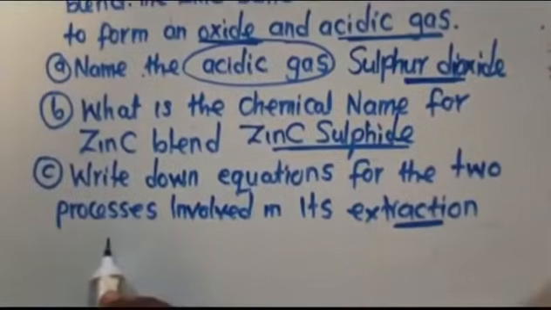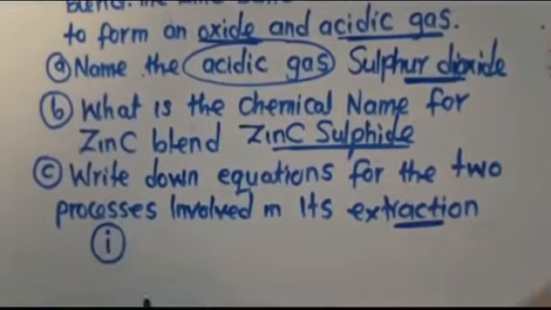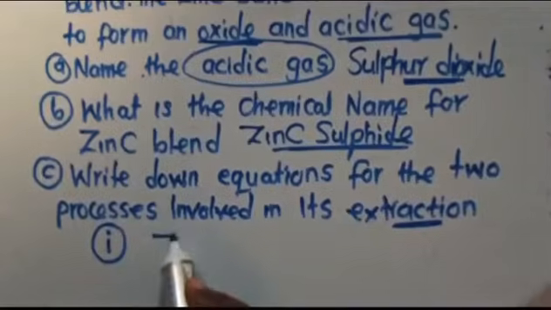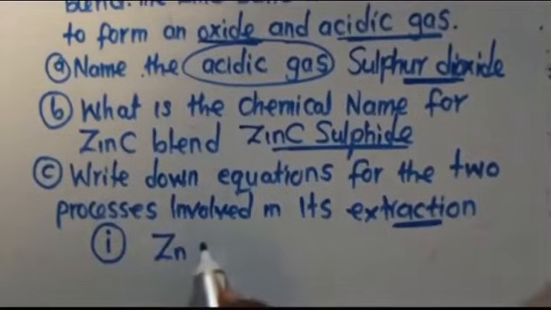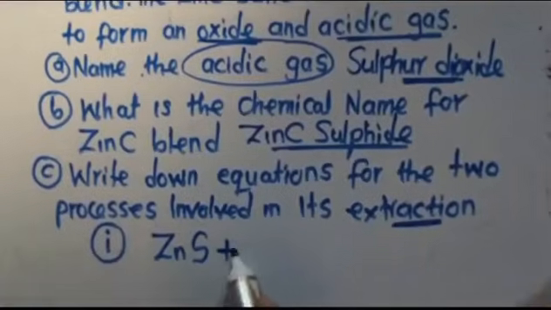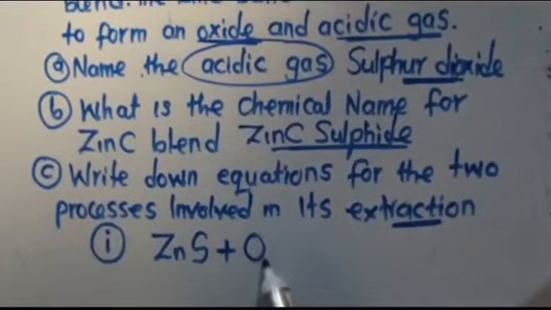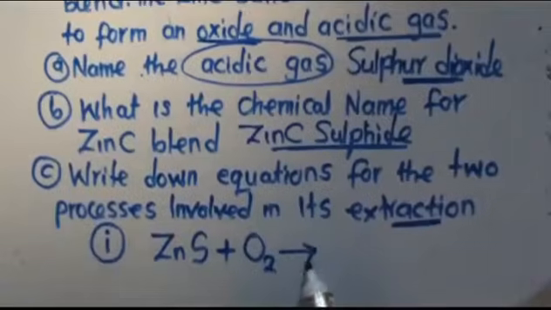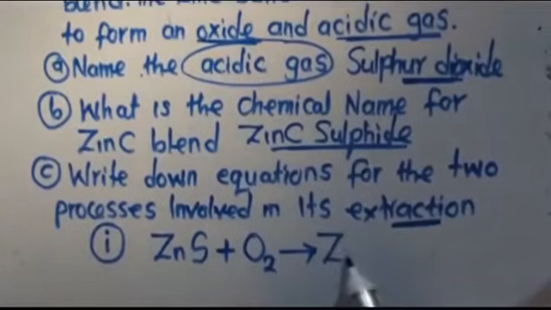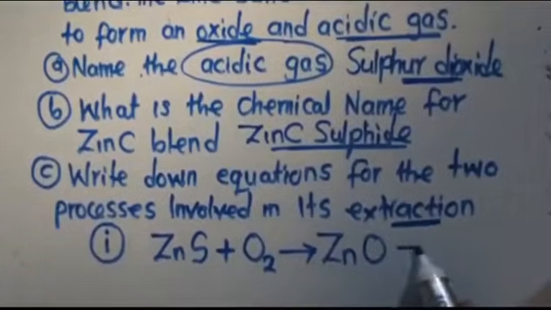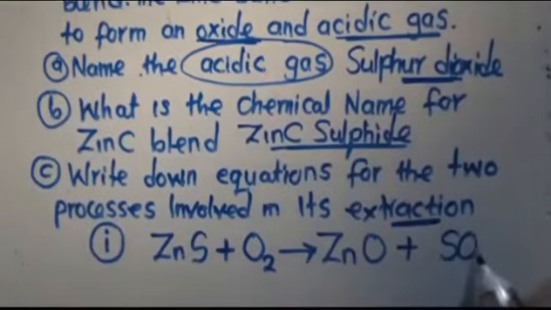So the first equation that you need to understand is that we have the zinc sulfide, and we heat it in air. What is going to be formed on this side is zinc oxide plus sulfur dioxide.